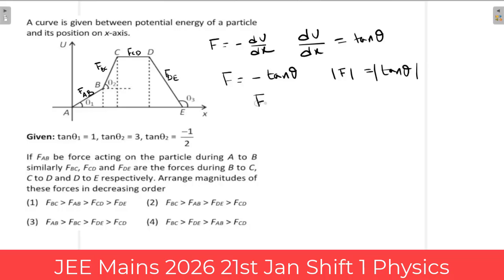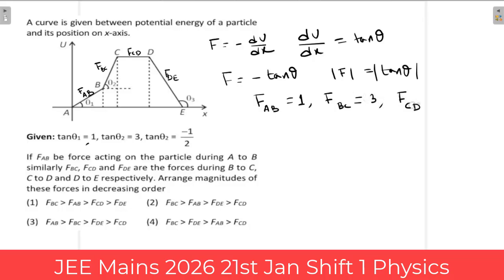So F_AB is equal to mod tan theta 1, this is 1, so F_AB is 1. F_BC is equal to mod tan theta 2, which is 3.